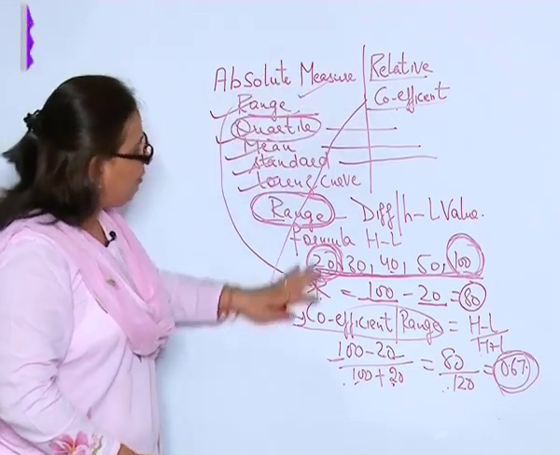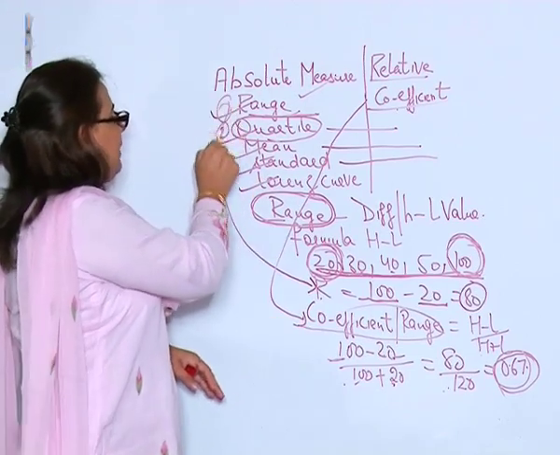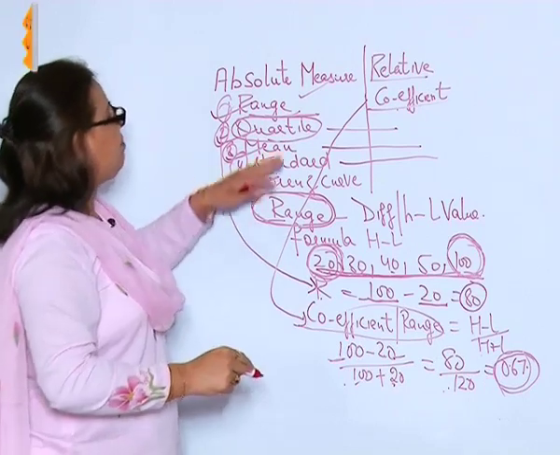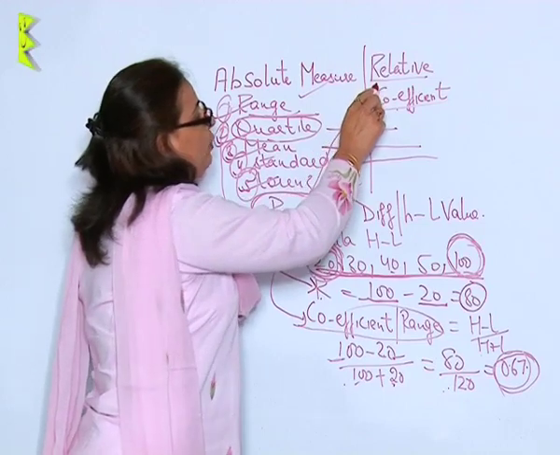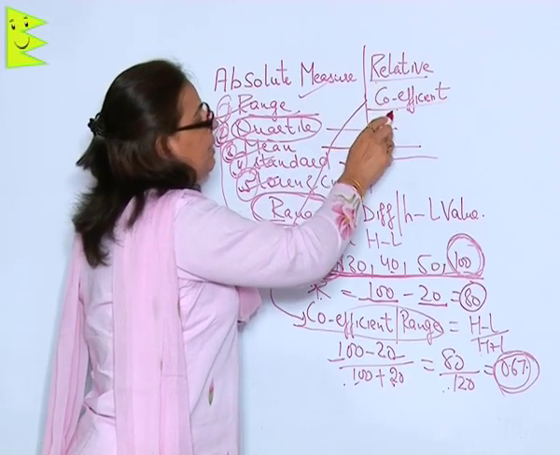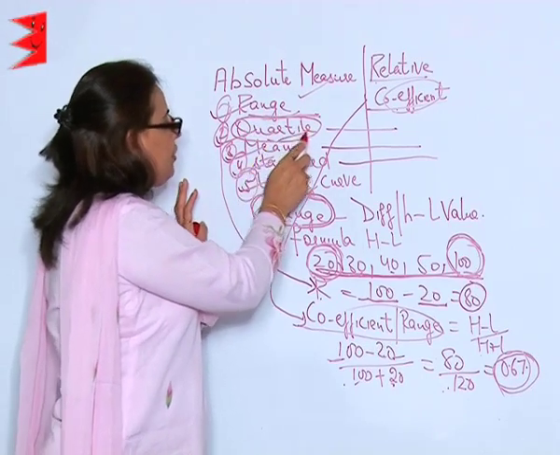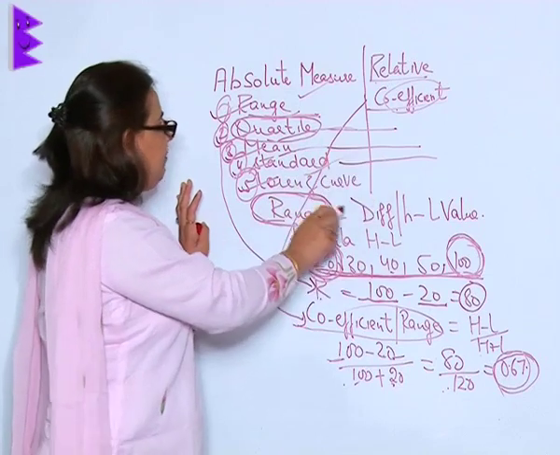So first of all, we have learnt in this clipping that there are 5 methods of the absolute measure of dispersion, and when we find these in the relative terms, they become coefficients, whether it is coefficient of range, coefficient of quartile deviation, coefficient of mean deviation, or of standard deviation.